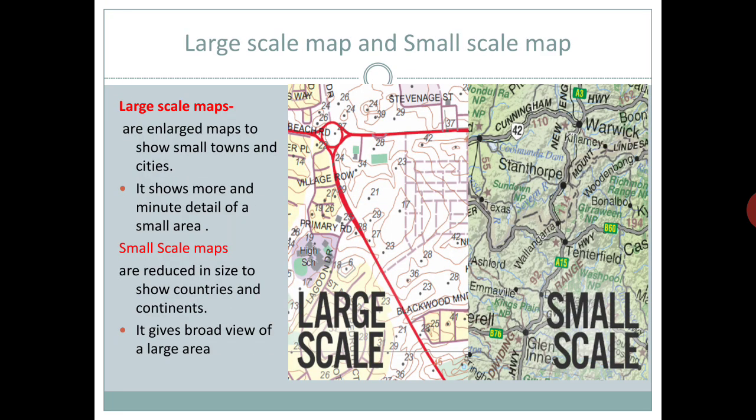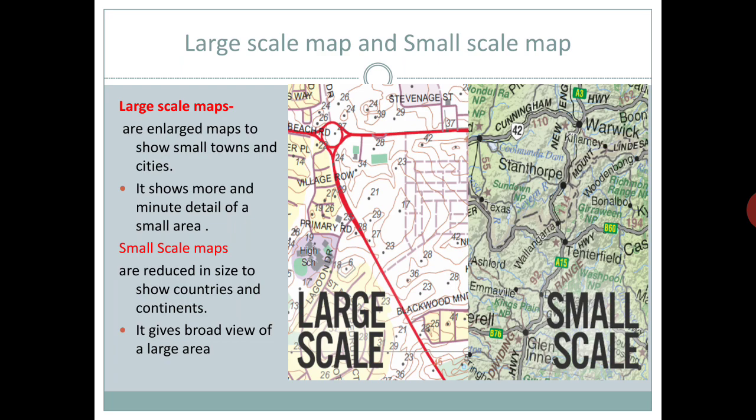Now we saw different scales of map. Basing on that we are drawing a map or we can read a map. But usually maps are, on the basis of scale, divided into two categories: large scale map and small scale map.